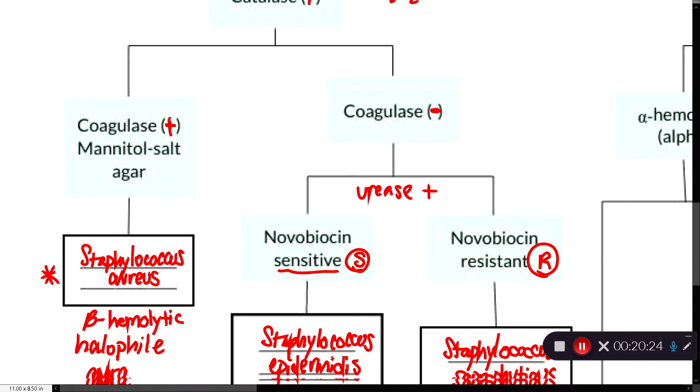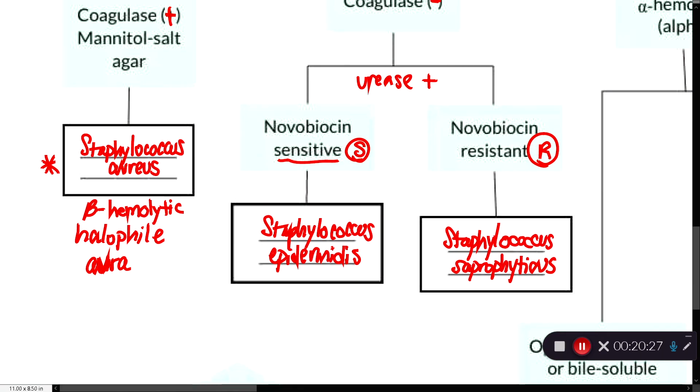Oh, and one last note about Staph aureus. If you see the question stem start talking about an association with CGD, this stands for chronic granulomatous disease. It's a disease in which the patient has some sort of deficiency in NADPH oxidase production.